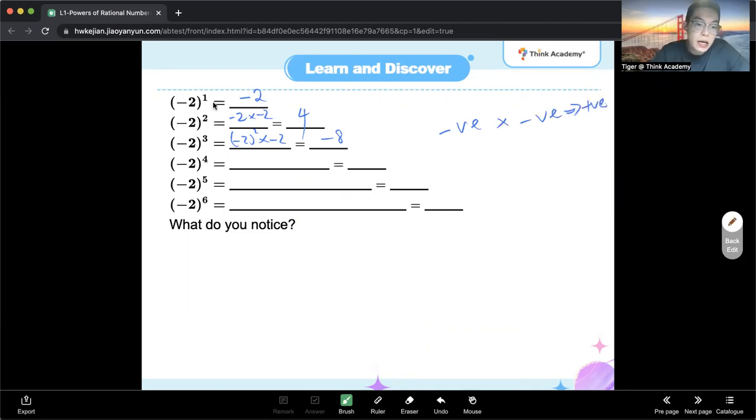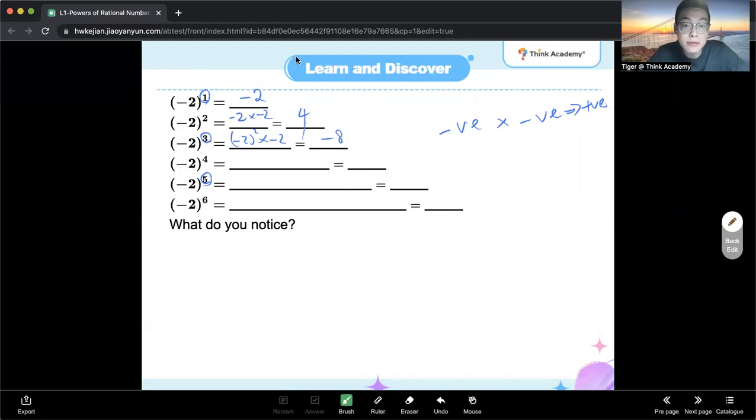Which means that if I have some powers, I can group every 2 negative numbers and make it a positive product, right? So that's the reason why when I have odd powers, it can't be made into complete groups of 2, which means that a negative base number is going to be singled out.